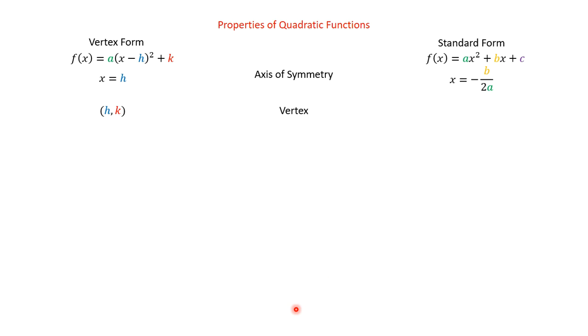In standard form, well, the x part is this negative b over 2a, but what's the y part? When you know the x value, plug it in. We just need to plug it into the function, f of negative b over 2a.